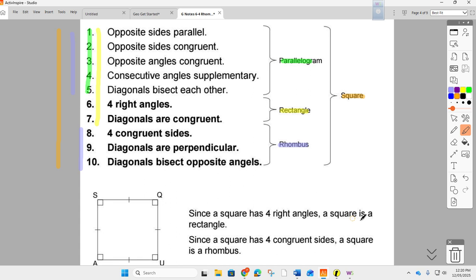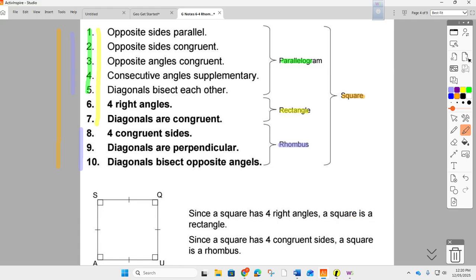But if we draw both diagonals, now this triangle and this triangle are congruent, and this triangle and this triangle are congruent. Does that make sense? Okay. But still, these are going to be isosceles triangles. I wanted to plant that little seed of a review before we got any further.